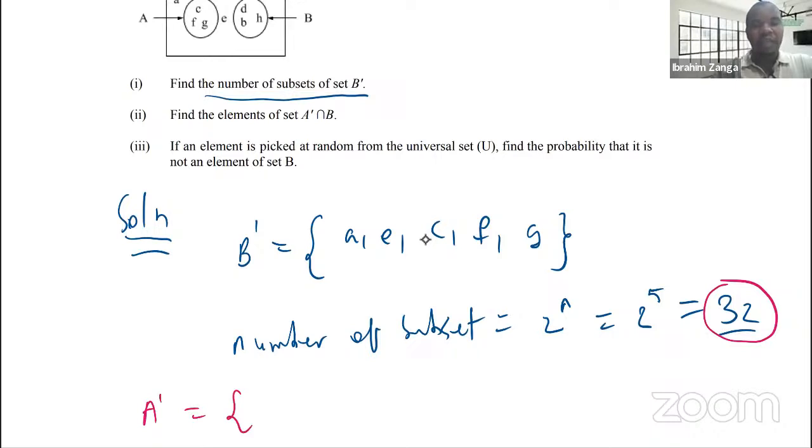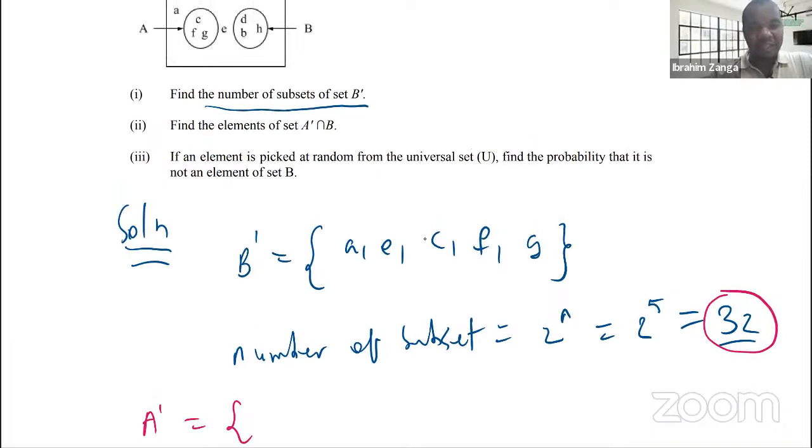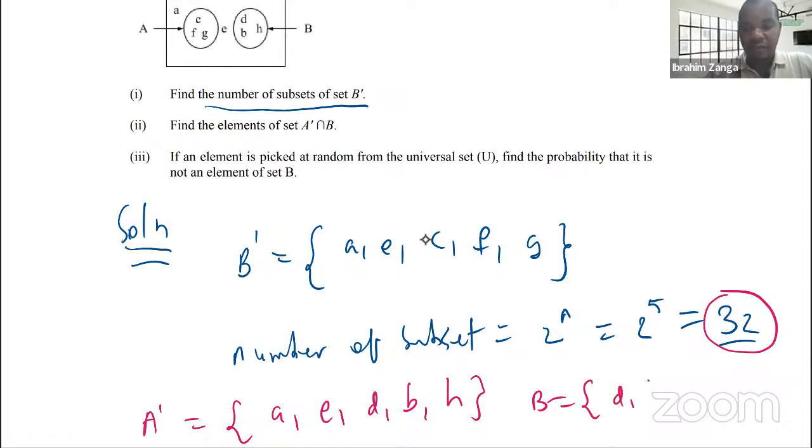A complement is all set outside set A. So you have A, you have E, D, B, H. And we go to set B. Set B is going to be D, B, H. So from these 2 sets, you can see that the intersection of A complement and B is going to be B set.